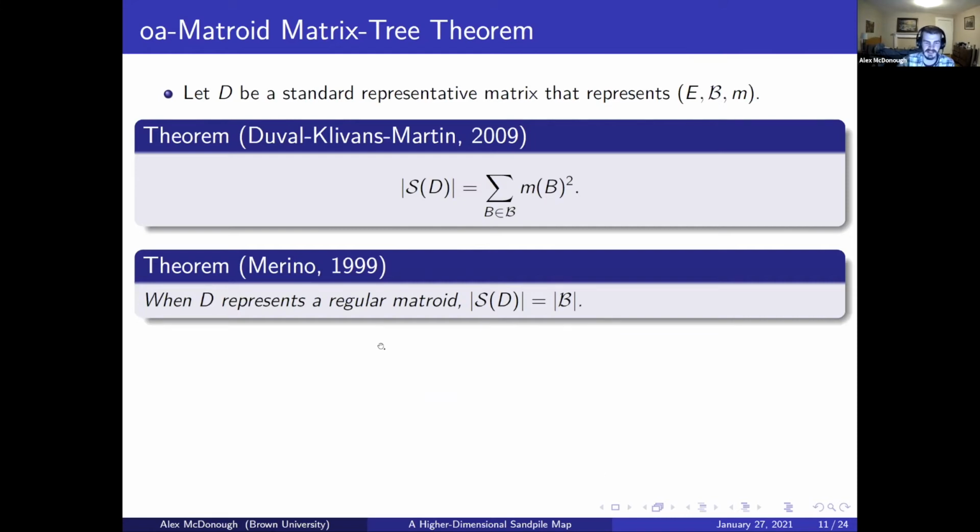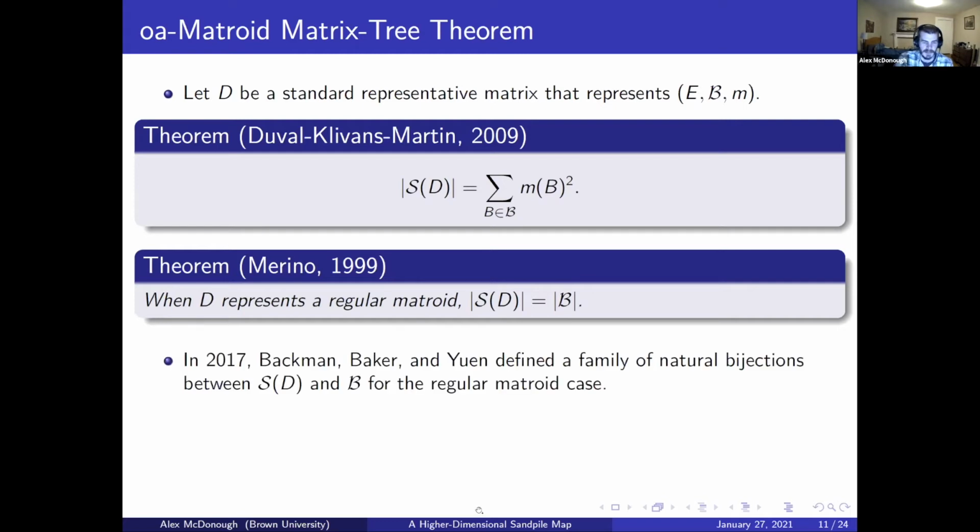And this is a generalization of the fact that on a graph, the size of the Sandpile group is the number of spanning trees, because spanning trees of a graph correspond to bases of a graphic matroid. So in this case, we have that these two sets are the same size, but the Matrix-Tree Theorem doesn't give you any way to associate elements of one with elements of the other.